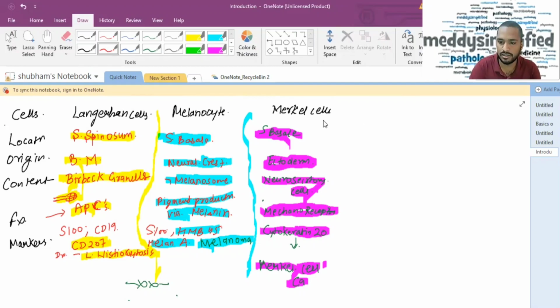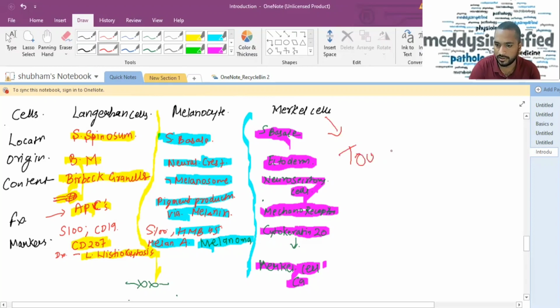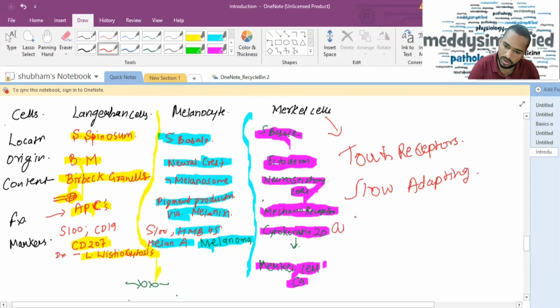Going further, one very important thing about the Merkel cell: Merkel cells are touch receptors. What kind of touch receptors? They are slow adapting and low threshold mechanoreceptors.